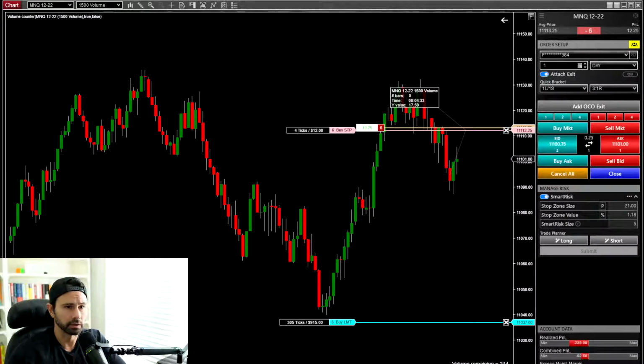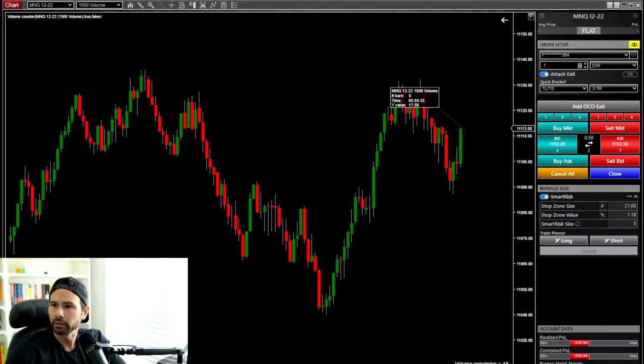The location is good, but we don't have the momentum. We do not have the momentum to the downside. Yeah, tick chart is at 0 line. This thing is bouncing. Yeah, we got our break even.